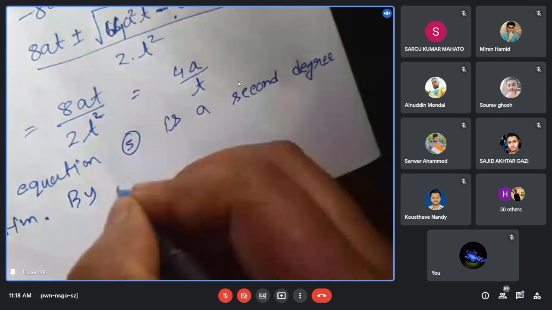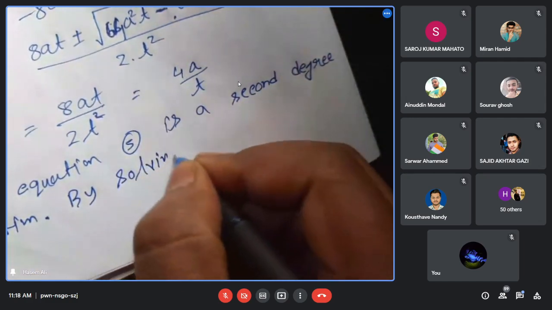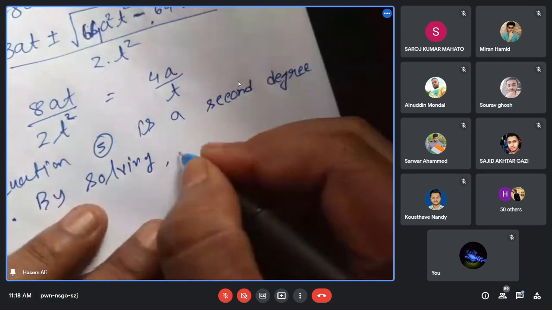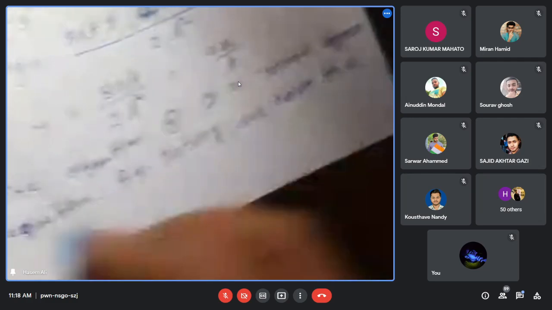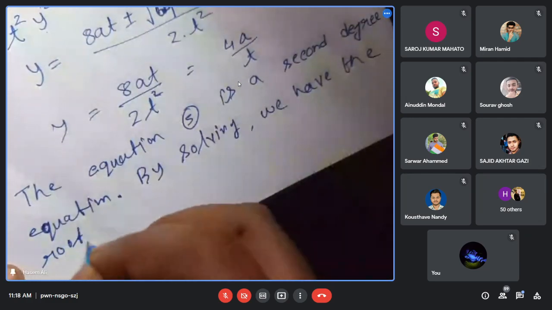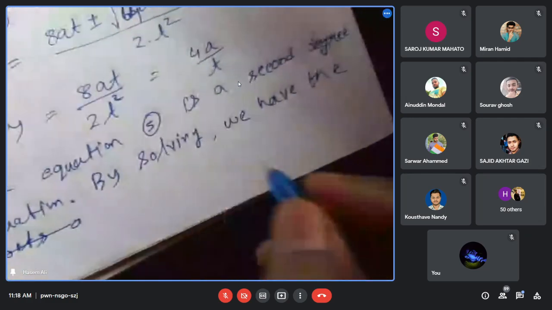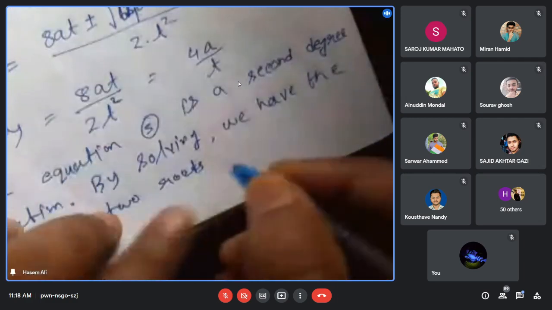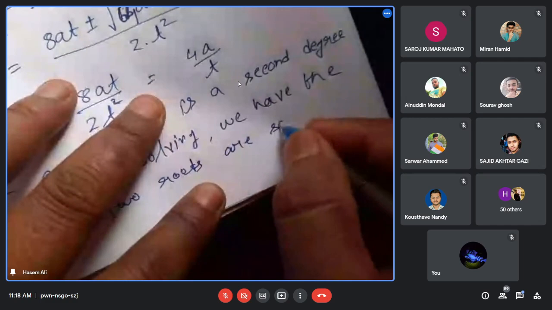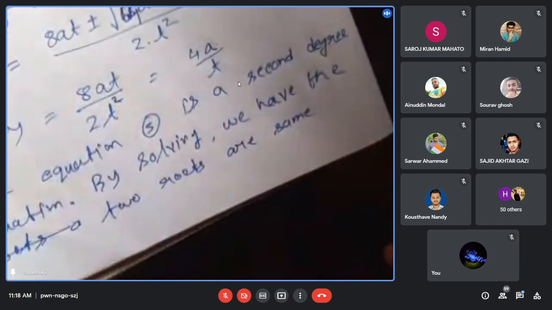By solving, we have the roots, the two roots are same or coincident.